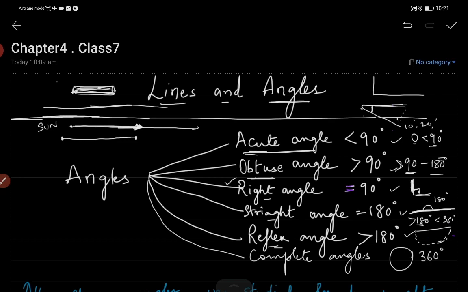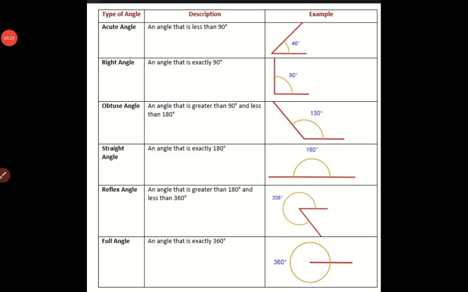It's just a revision. Now in the next part of what you're going to study this year, we are going to study all the related angles in this chapter. So this is the type of angle, its description, and an example.